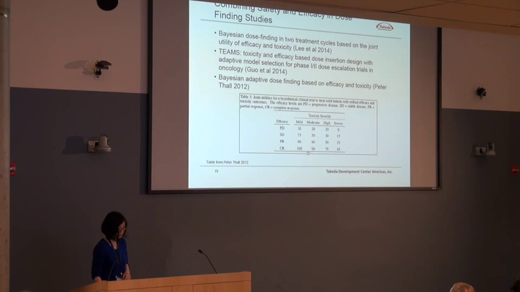So it's kind of like you have a trade-off between toxicity and efficacy. If you can have a CR, maybe you can tolerate more toxicity, right? A CR with high severity toxicity is a score of 75. But if you have a PD, you will have much less tolerance of toxicity because you're not seeing the efficacy. Why do you have to endure that toxicity?